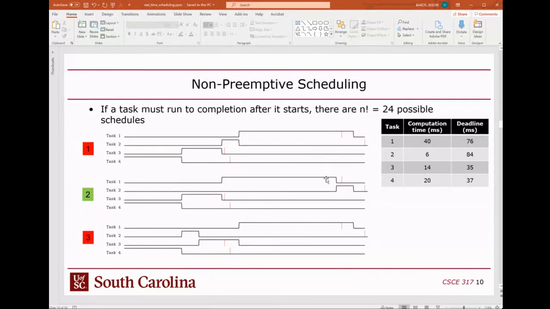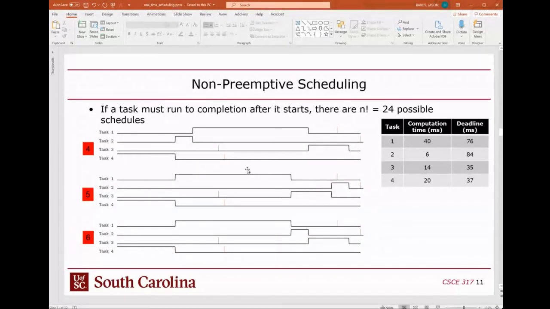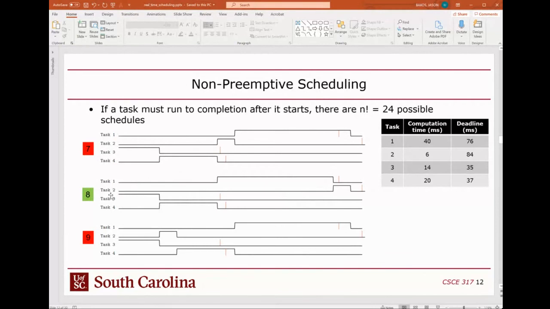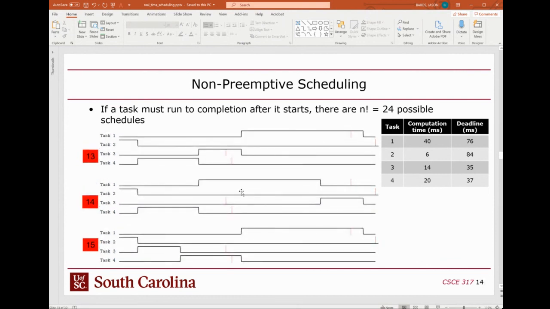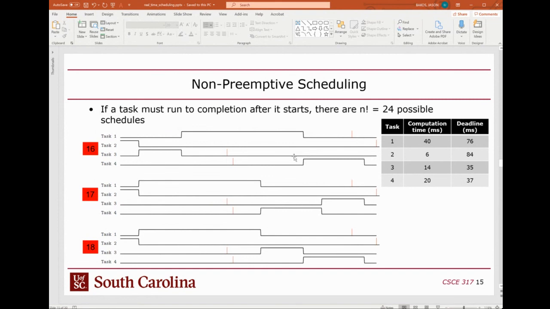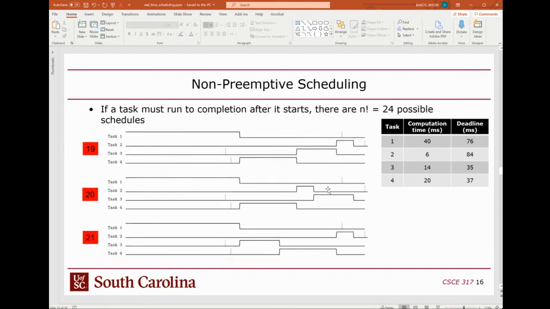And so out of all 24 of these, almost all of them missed their deadline. We have one here, task schedule 8, I think, was the only other one that met the deadline, where task 3 was run first, task 4 second, task 1 third, and task 2 fourth. You look at these, they have every possible one plotted there. They all miss.